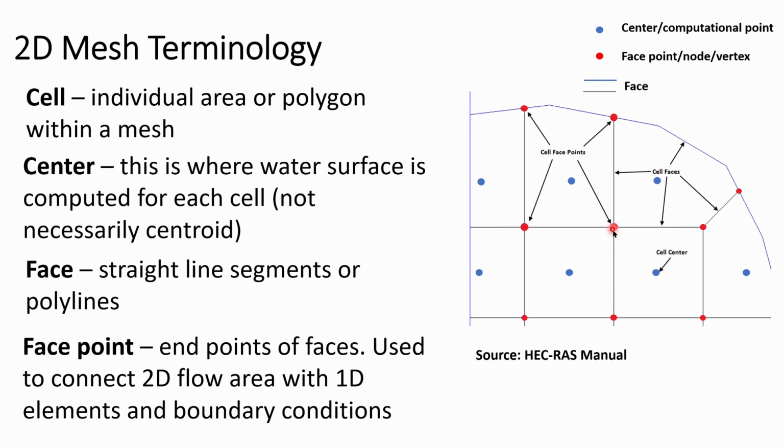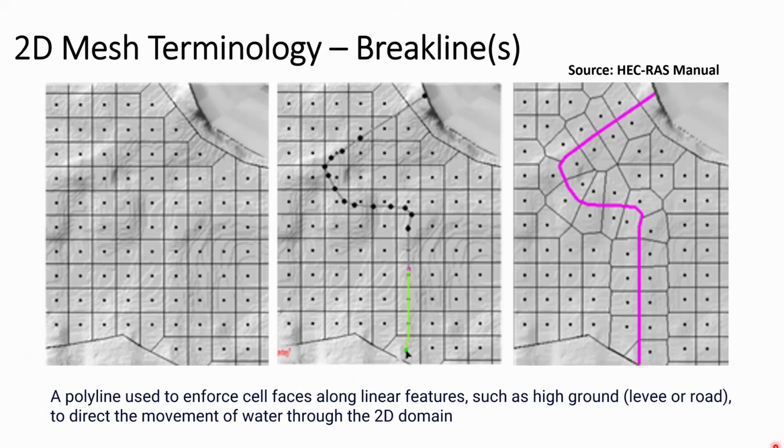So this is all we need to know about the terminology that we are going to use when we create a mesh in HEC-RAS 2D, but this is applicable to any 2-dimensional modeling where you create a mesh. So you have a mesh, and it's a group of cells, and each cell is going to have a center, face, and nodes.